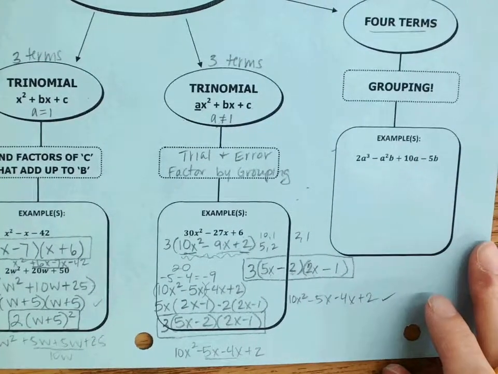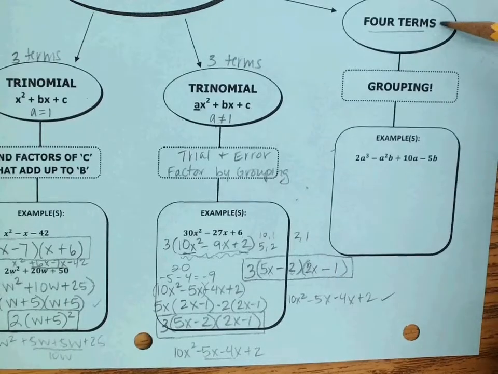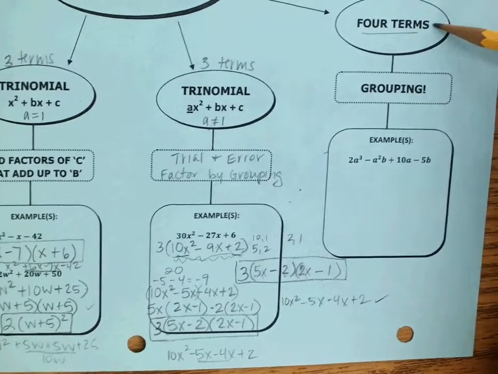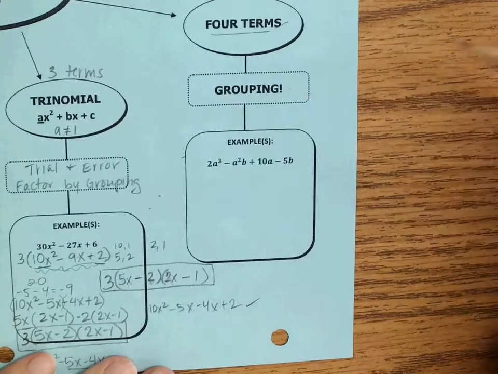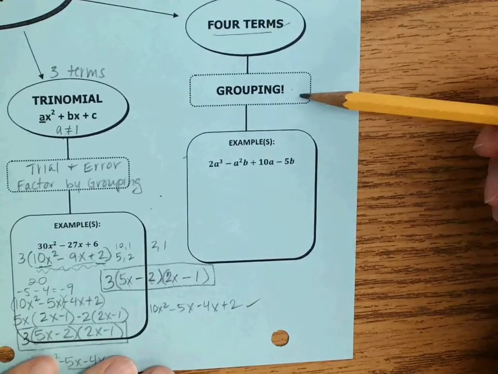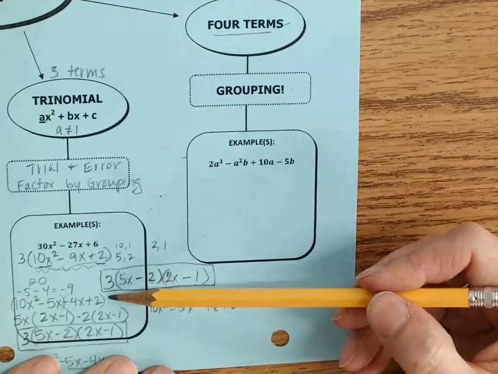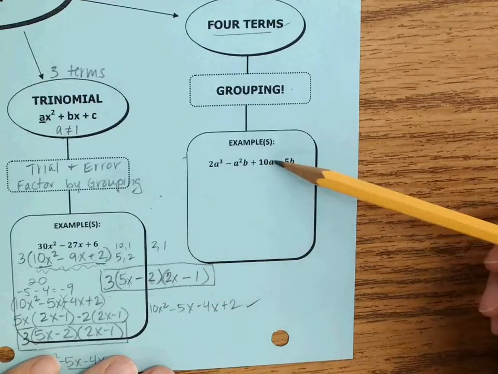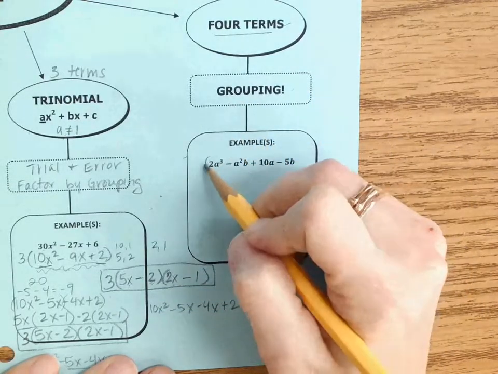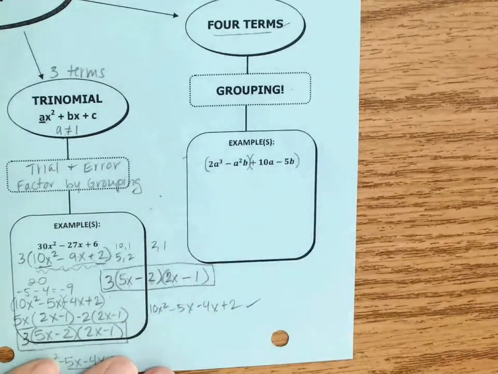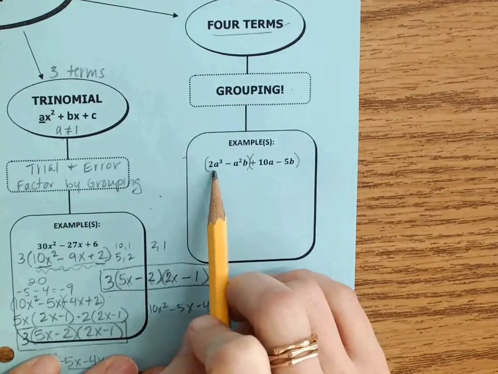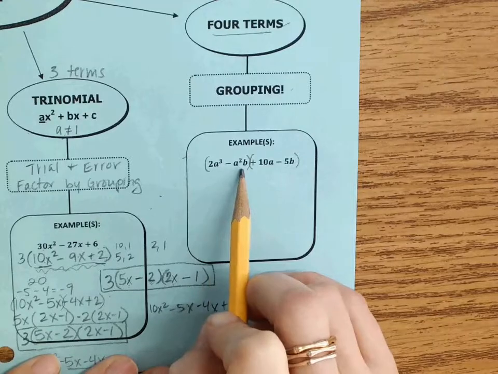And then lastly, let's say you have 4 terms. If you have 4 terms, you are going to complete this with factor by grouping. I kind of reviewed it all the way over here, where when you have 4 terms, you put in your inclusion symbols. So you have 2 binomials and you factor each binomial. By factoring each binomial, we look for the GCF first.